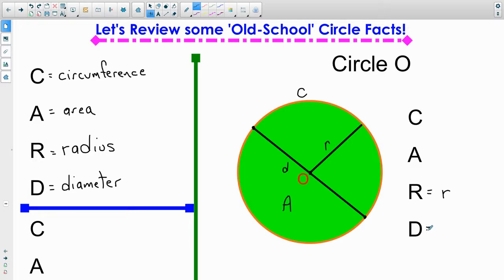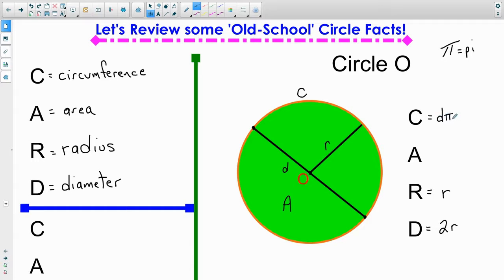So the formula for the diameter would be 2r, right? And the circumference and the area are kind of tricky. They're the ones that involve the famous pi. So if we're going to find the circumference, it's as simple as taking our diameter and multiplying it with pi.